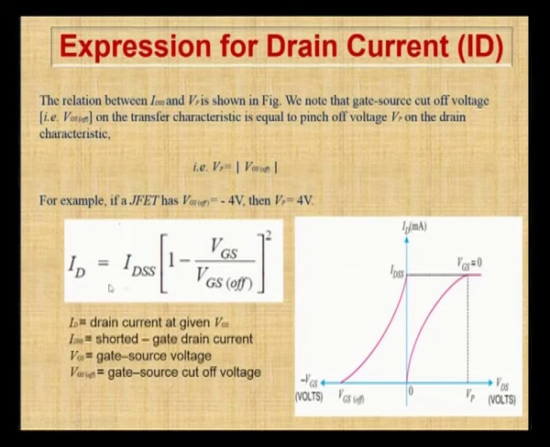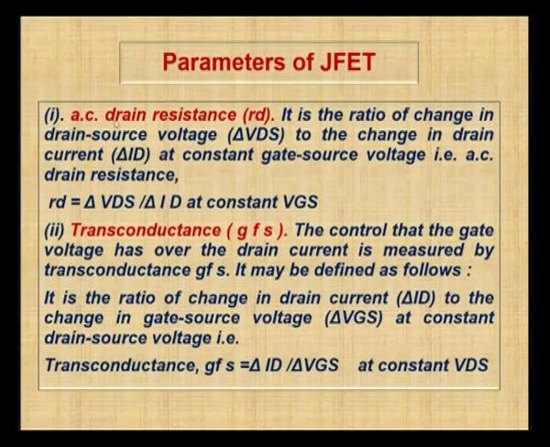Next, some of the important parameters of a junction field effect transistor are AC drain resistance, that is rd. What do we mean by AC drain resistance? It is the ratio of change in drain source voltage, VDS, to the change in drain current, ID, at constant gate to source voltage, that is delta VDS divided by delta ID at constant VGS.